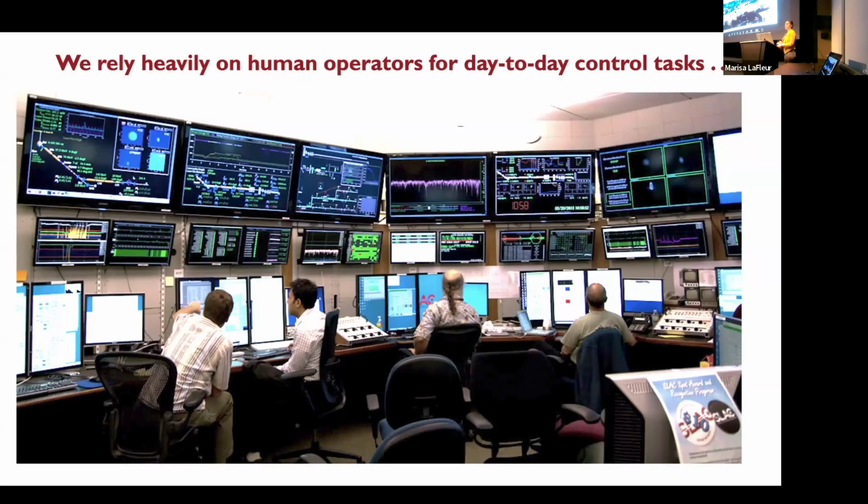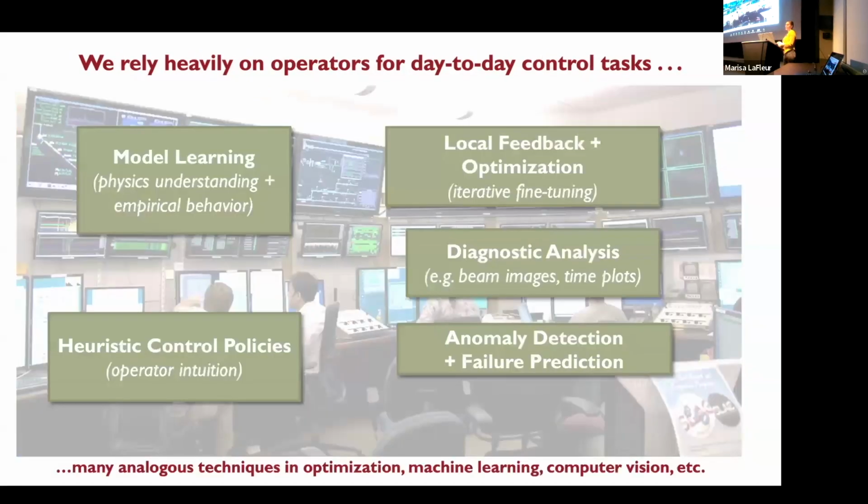And historically, we've relied really heavily on experts in a control room to set up the accelerator, diagnose issues, et cetera. And if you talk to folks in the control room, you quickly realize that they're doing a lot of different tasks that we can start to identify analogies for in traditional optimization, control, and machine learning.